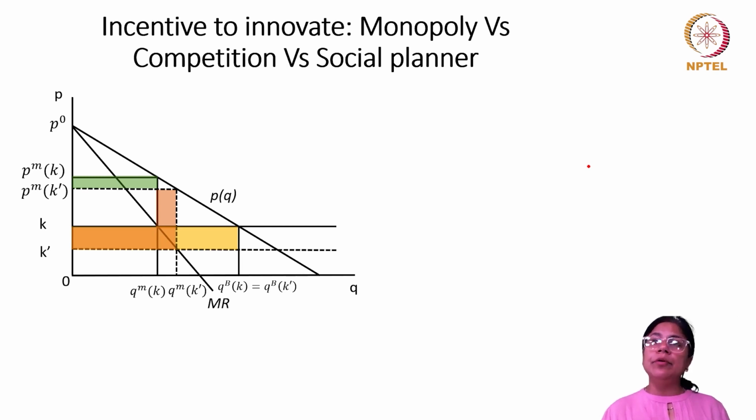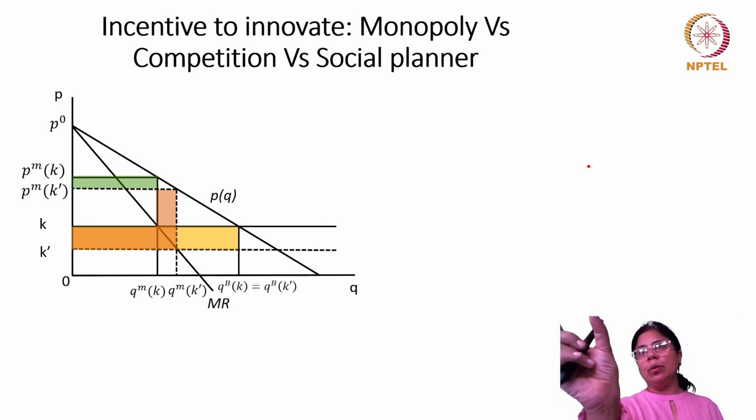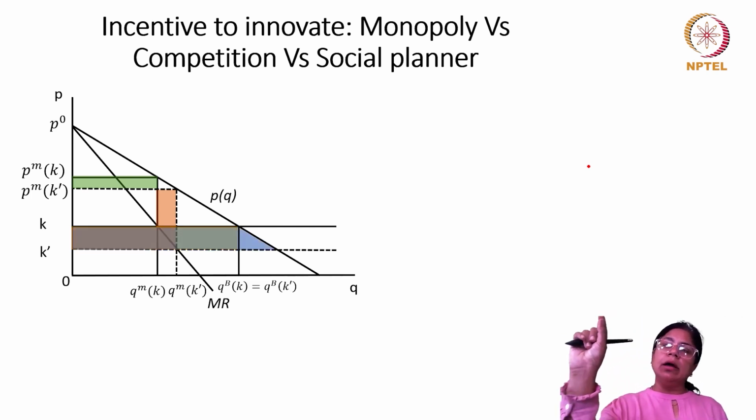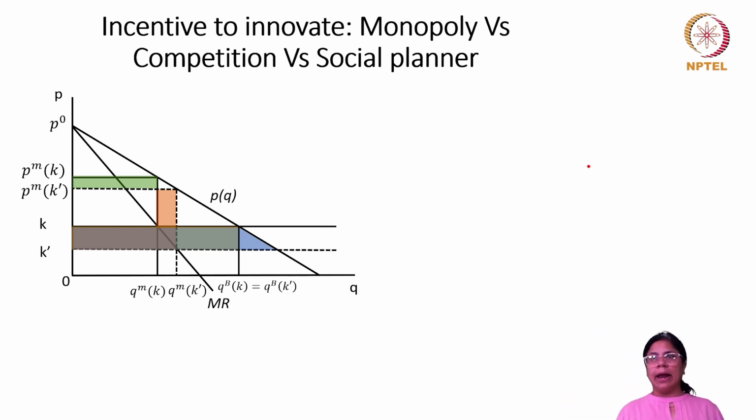From a Bertrand point of view, this pink area which was there earlier, the other side L, now needs to be compared with this partly yellow and partly orange area, the rectangle that we have. And from the social planner's point of view, this purple and blue area has now been added, and that provides us a comparison of the incentive to innovate in case of a monopoly vis-a-vis a competition vis-a-vis the social planner.